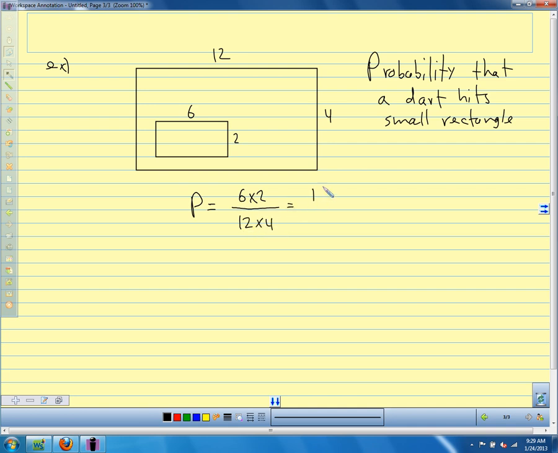So I get 12 over 48, which is reduced, 1 in 4, or about 25%. So we have about a 25% chance of a dart thrown at random hitting the small rectangle.